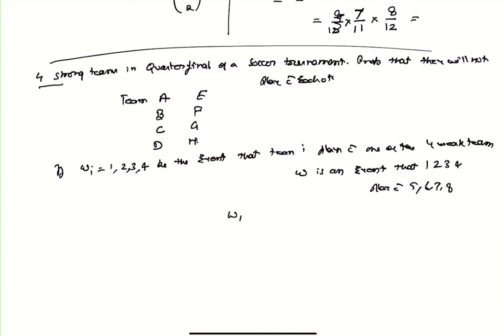W1 means that team 1 is playing with any of the B teams, W2 means team 2 is playing with any of the B teams, W3 means team 3 is playing with any of the B teams, and W4 means team 4 is playing with any of the B teams.